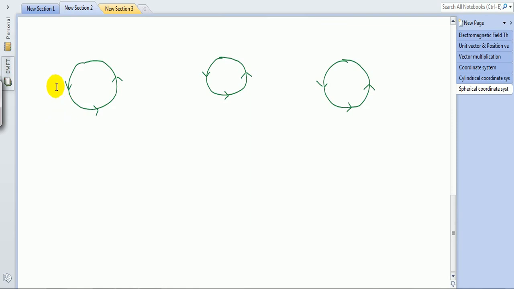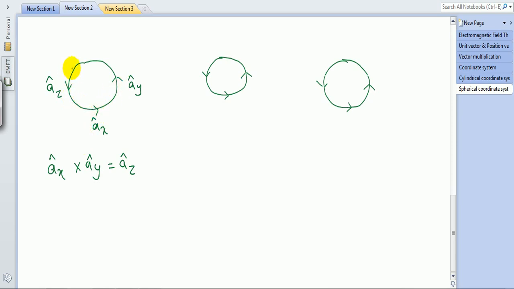Now if I talk about the cross product of the unit vectors, then in the Cartesian coordinate system, ax, ay, az will follow this rule. If I take ax cross ay, I will get az. If I go az cross ax, I will get ay.